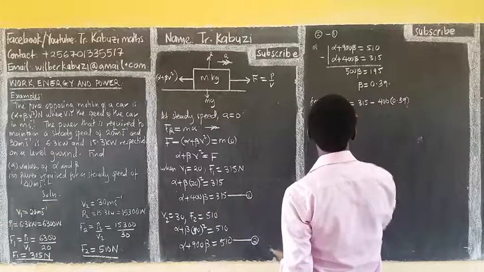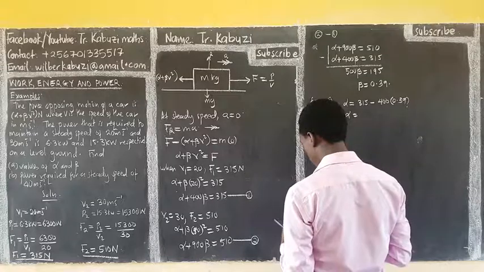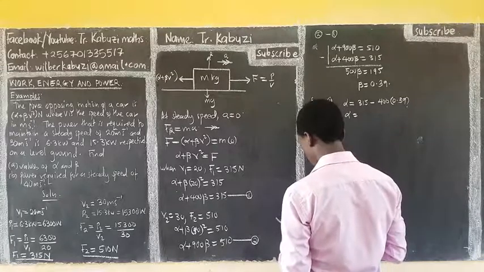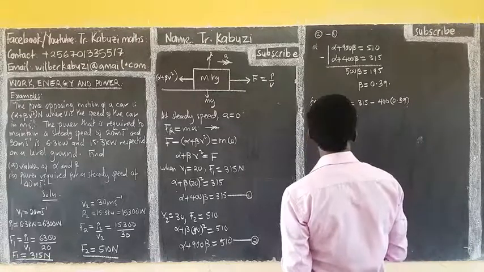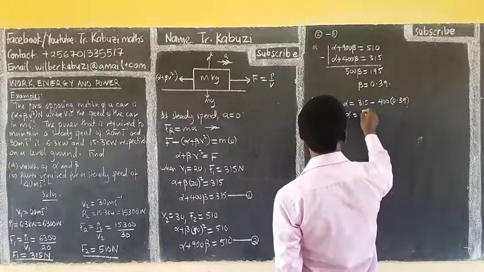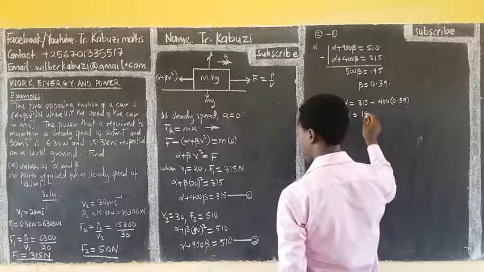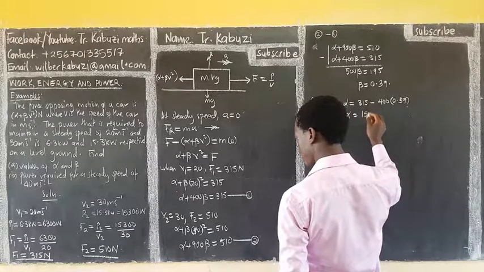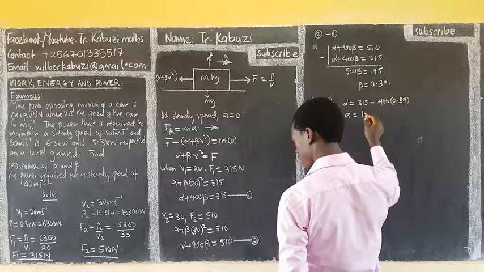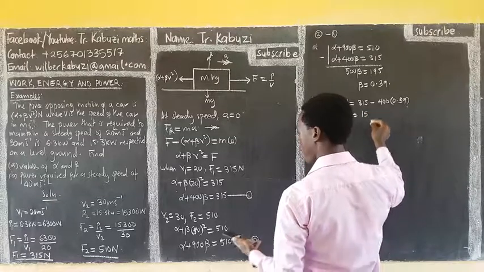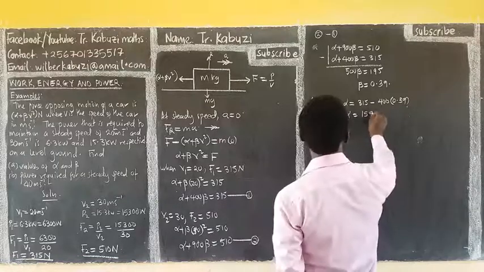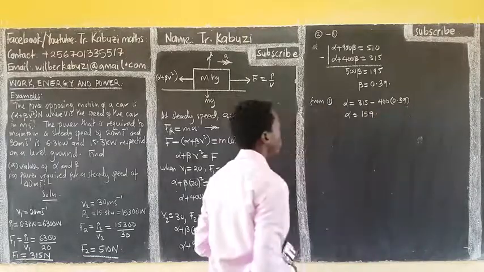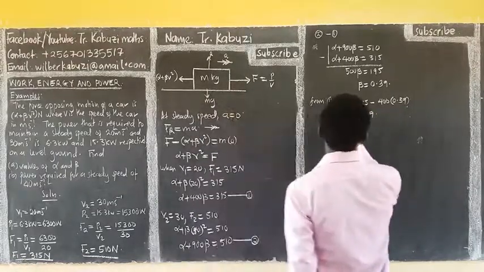So our alpha is 159. Those are the values of alpha and beta.